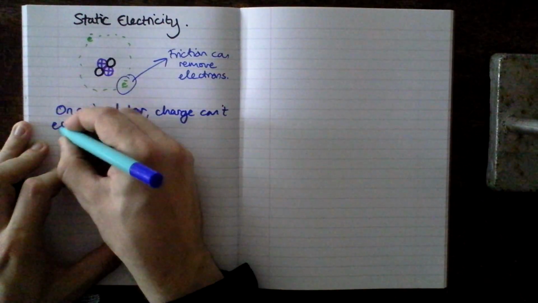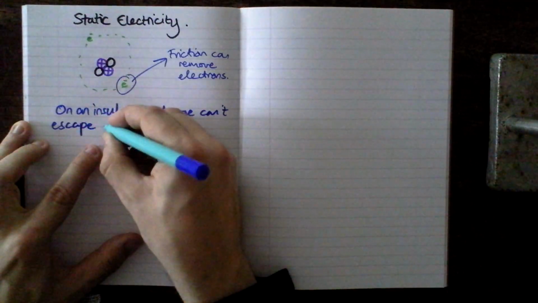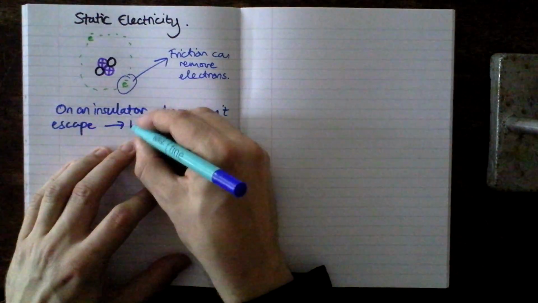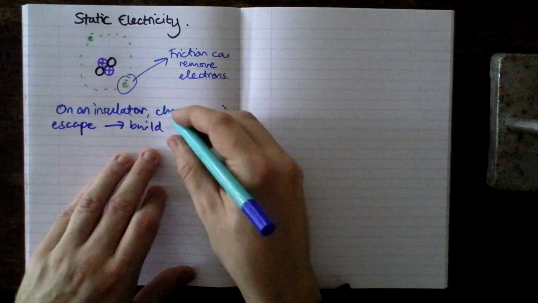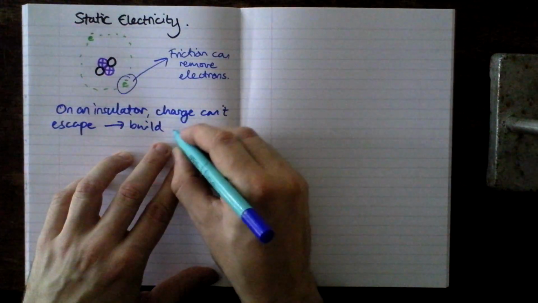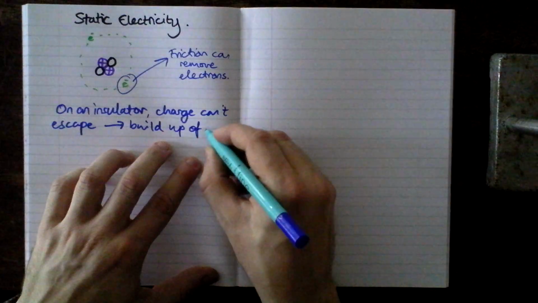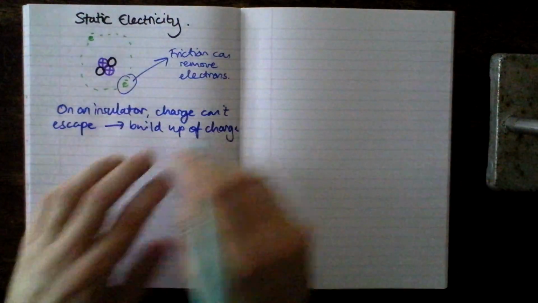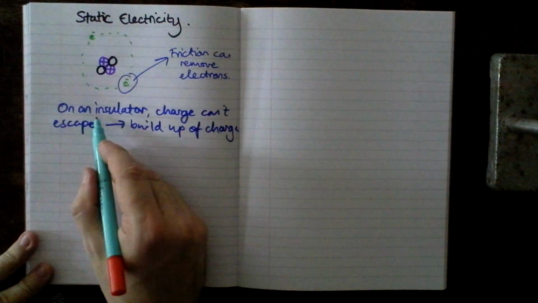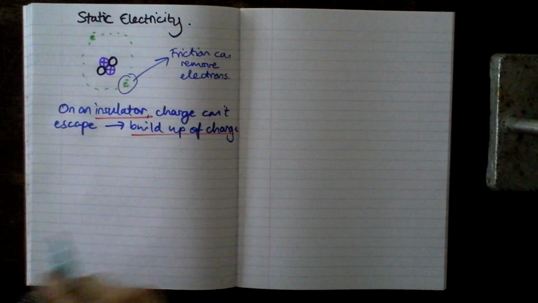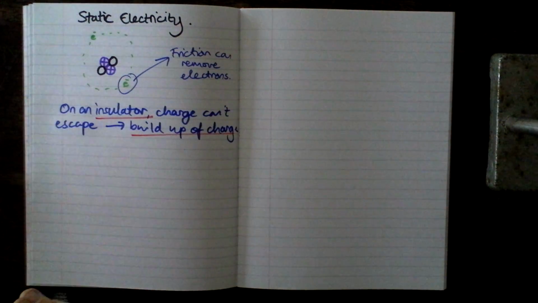And so what you end up with is a build-up of charge, and that's all electricity is in a static sense. Static electricity is just a build-up of charge on a non-conductor, on an insulator. That's all static electricity is.